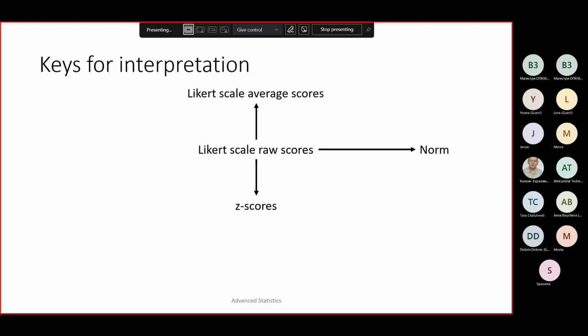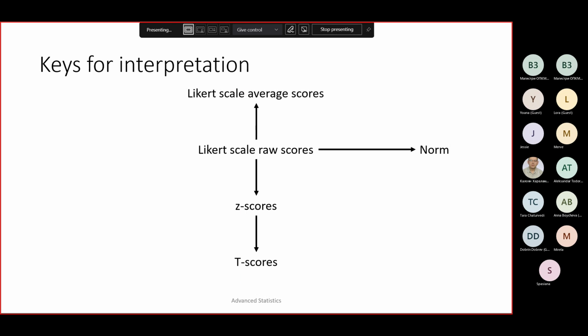Now, before the fourth way, the first key for interpretation, we will continue with the third, because we can calculate the so-called T-scores. When we already have Z-scores, we can calculate T-scores.